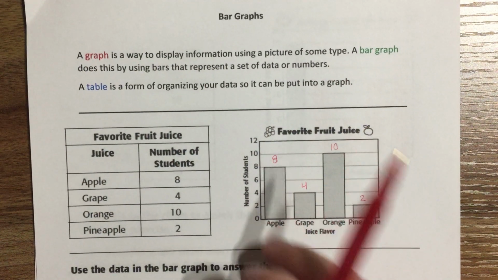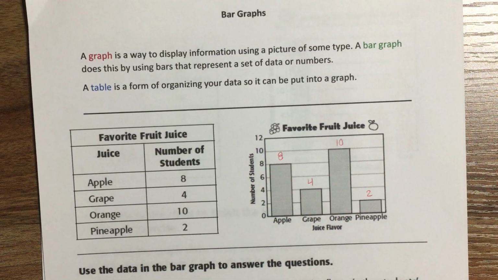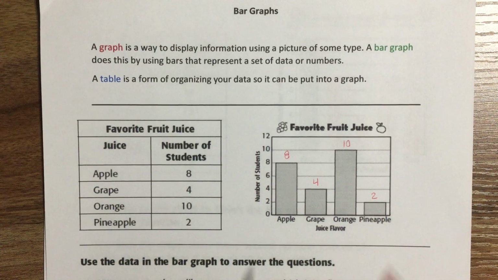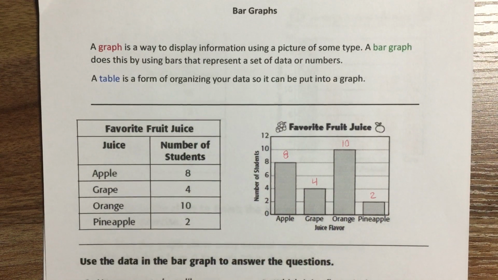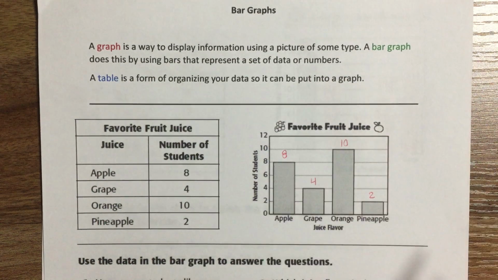And the bar graph specifically is going to show you that information using bars on the graph. That's why it's called a bar graph. And then a table right here is what you're going to use to organize your thoughts, organize your information before you put it into a graph like this.